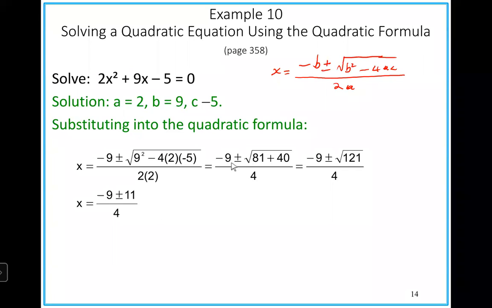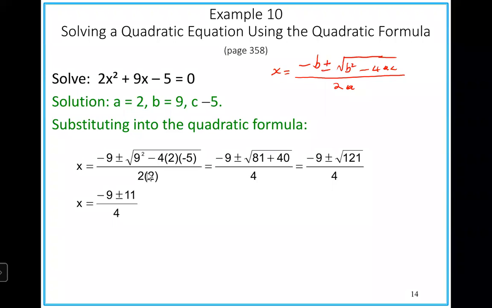First thing we do, work out what's under the square root. 9 squared is 81. Minus 4 times 2 times -5 gives you 40. 81 plus 40 is 121.